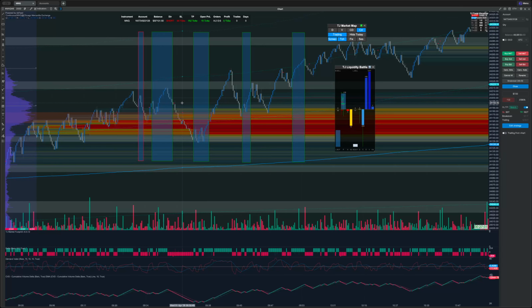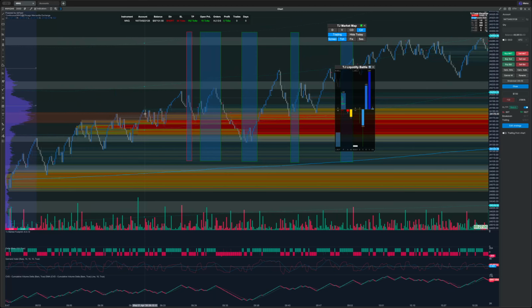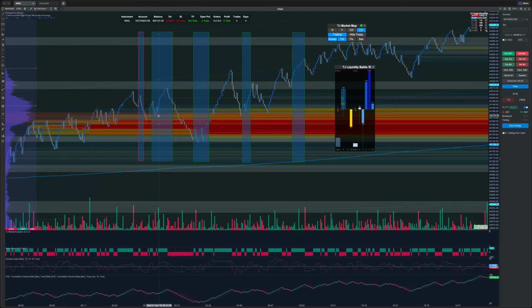The sad thing is, I think I should have waited until the next higher low had been built. Short-term price action here is definitely short, long-term price action is long. So I'm waiting for the next higher low, like this entry candle here. I think that would have been a better one.